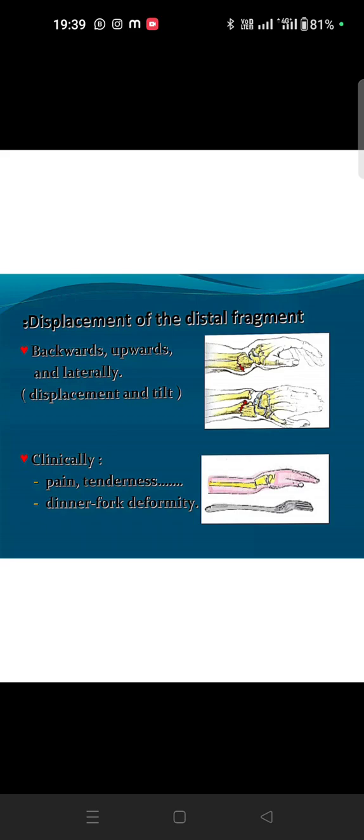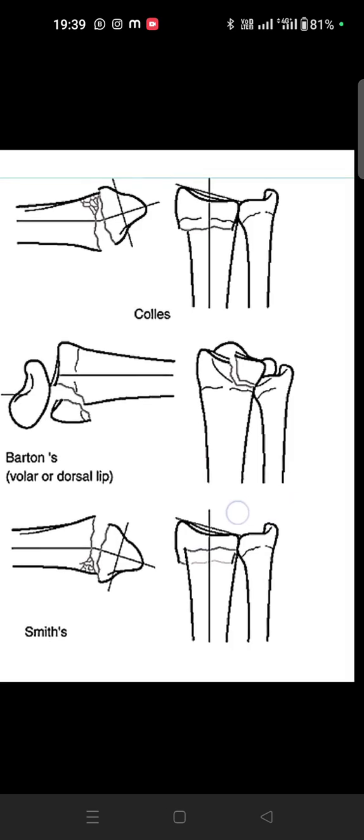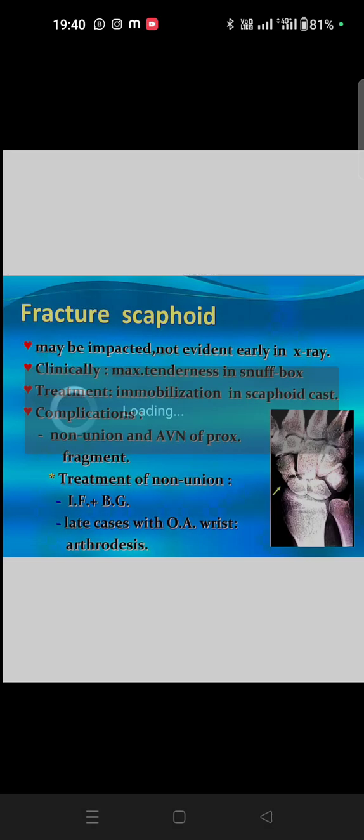That is like a spoon, they will show like this. So treatment is closed reduction, plaster fixation, and if comminuted with intra-articular extension, external fixation of the forearm. Complications are malunion, rupture of the EPL tendon, then atrophy.